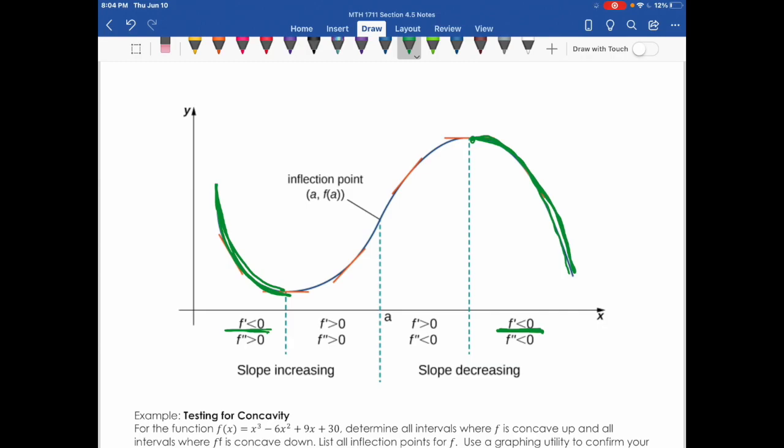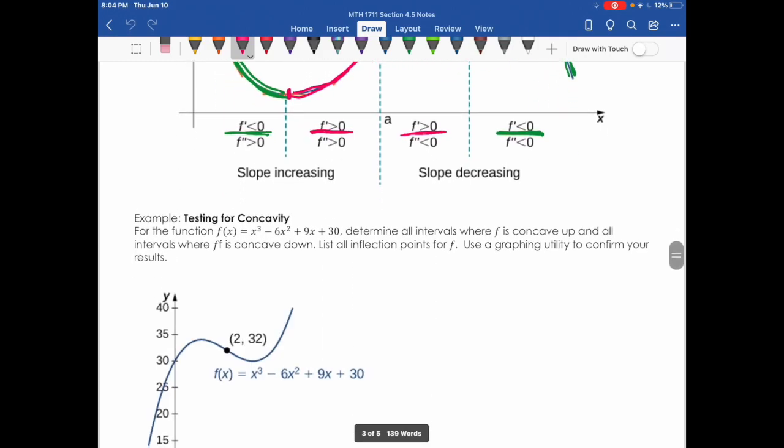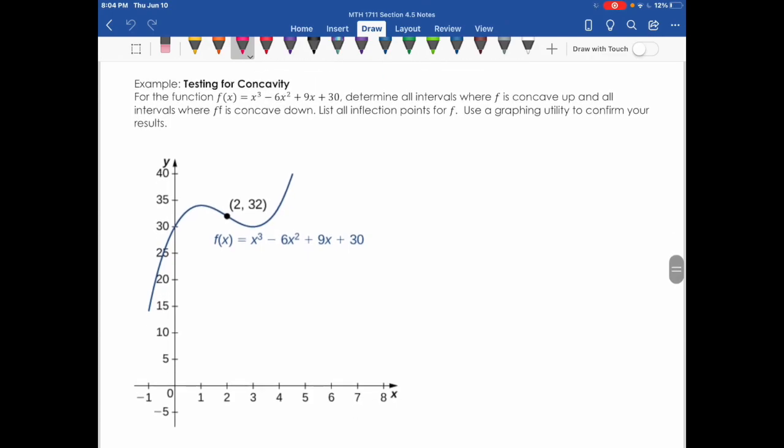So the first derivative is less than 0, meaning negative, on that interval, and the first derivative is negative on that last interval where I have it highlighted green, where it's decreasing. Now the first derivative should be positive when the graph is increasing, which is from here to here in pink. So my first derivative is positive on that pink interval, and on the second pink interval here, my first derivative is positive.